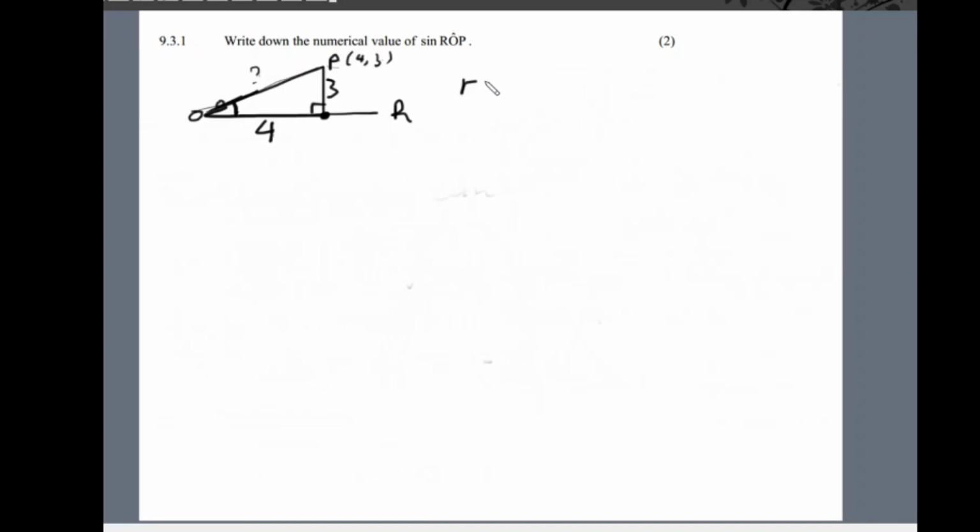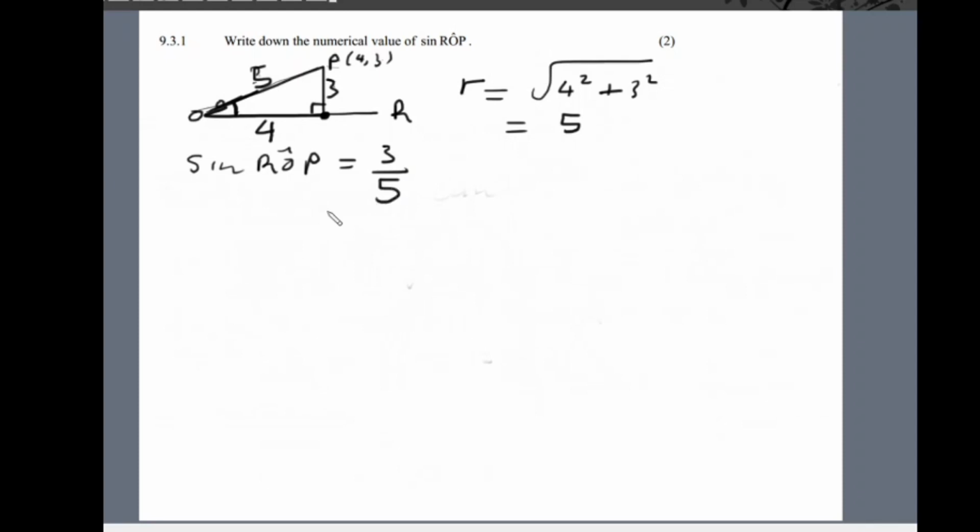So we need to calculate the hypotenuse by saying it is the square root of 4 squared plus 3 squared, which will give us 5. So now here we will have 5. Therefore sine ROP will be equal to the opposite side, which is 3, divided by the hypotenuse, which is 5. So that is sine ROP.